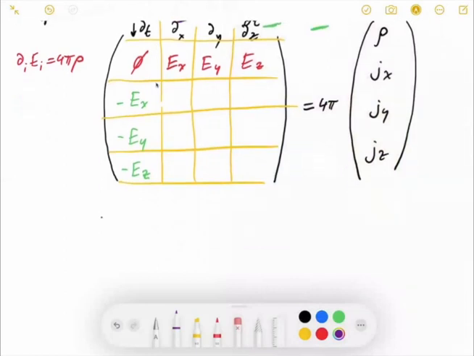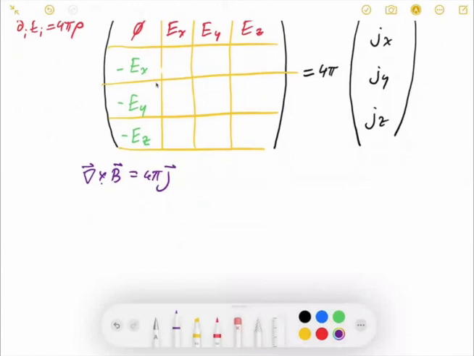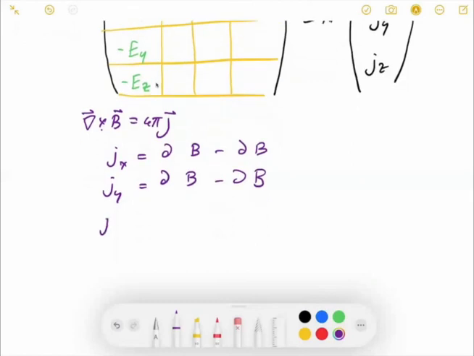So we know that this is 4 pi j. Or written out, that means jx is del b minus del b, jy is del b, jz is del b.